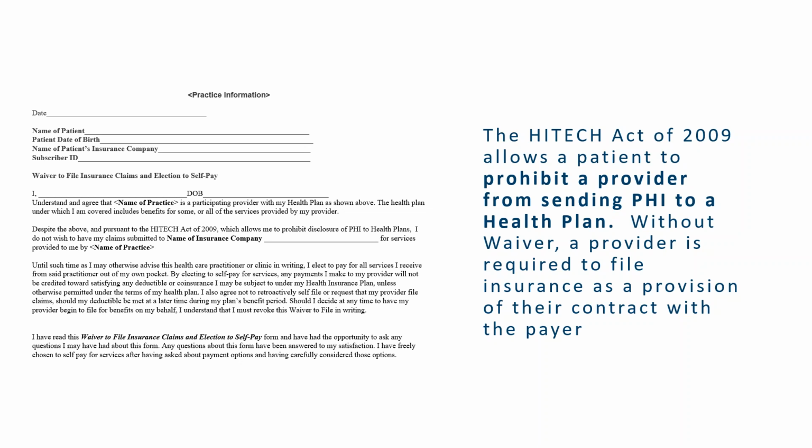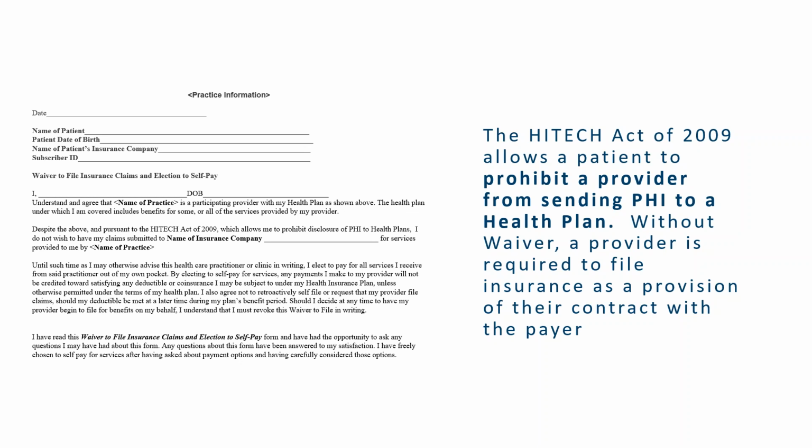And what this law allows a patient to do is prohibit a provider from sending protected health information to a health plan. And the health plan would be the insurance company. Without a waiver, the provider is required to file insurance as a provision of their contract with the payer. But the patient can elect and actually prohibit the provider from sending claim information to a payer under this provision under HITECH.